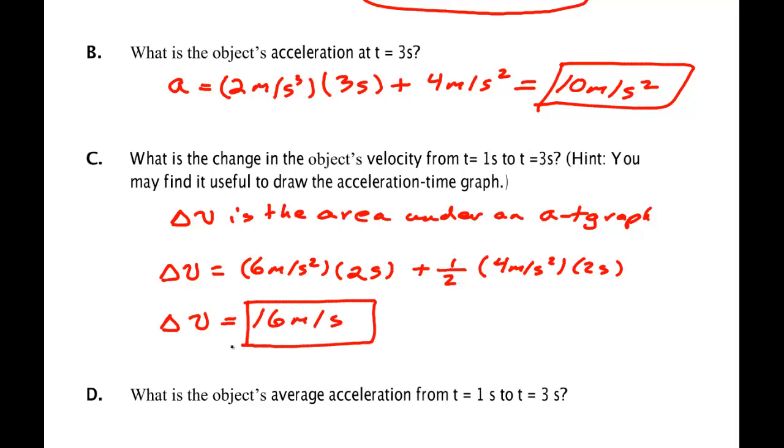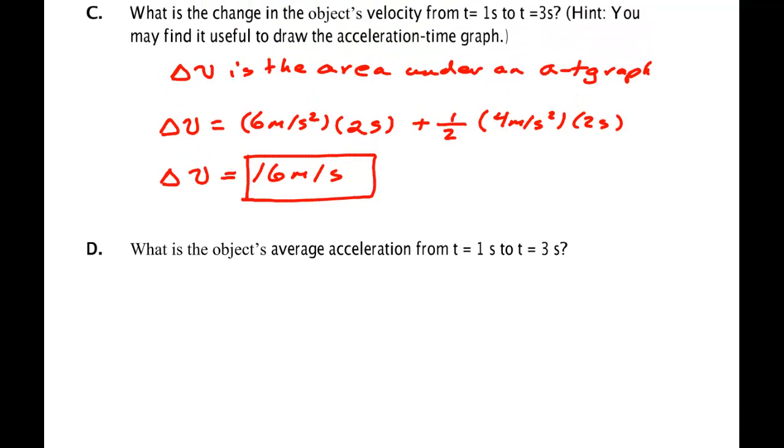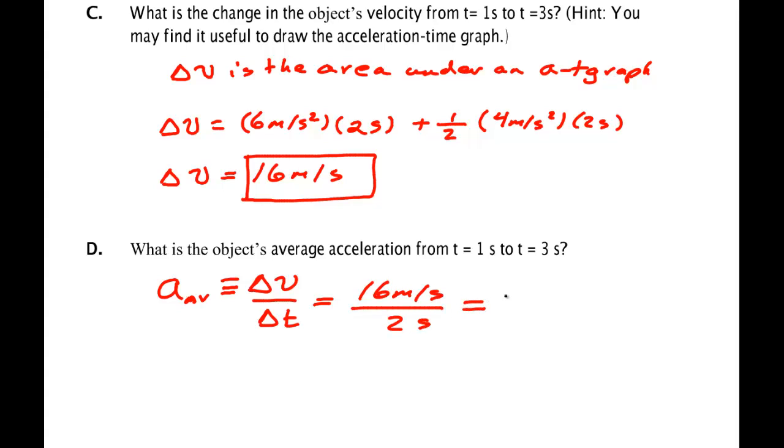What is the object's average acceleration from 1 second to t equals 3 seconds? Well, a average by definition is the change in velocity over the change in time. So that's equal to 16 meters per second over 2 seconds, which is 8 meters per second squared.